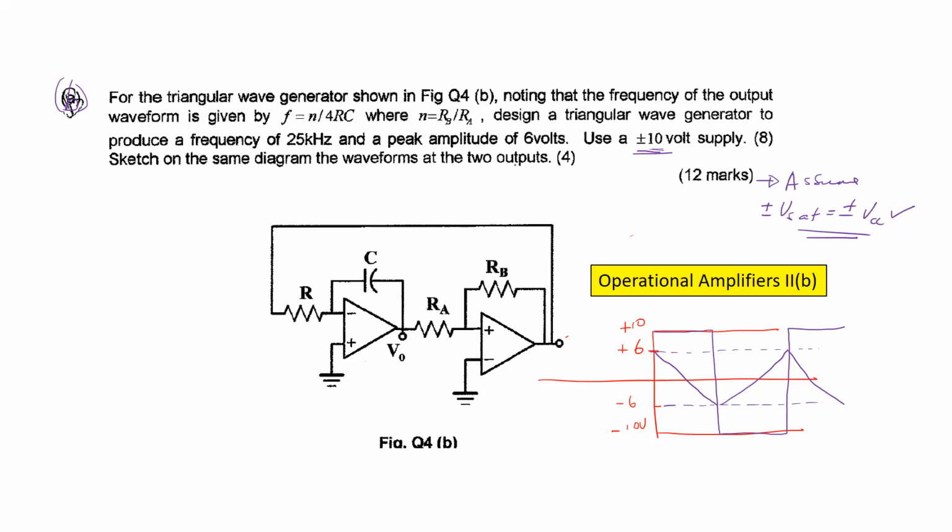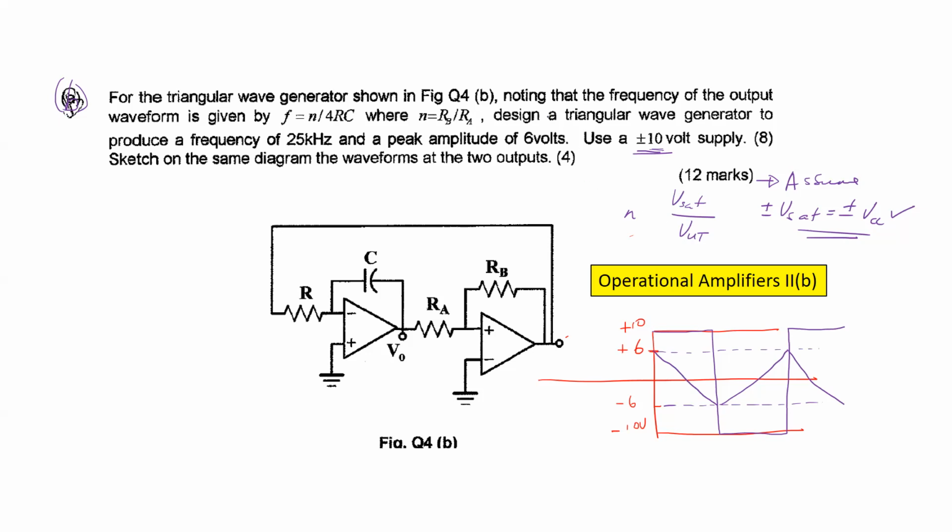And once you say that, then the next step is to calculate N, which is VSAT over the upper or lower threshold, right? So 10 divided by 6, or if you have picked another value, 8 or 9 divided by 6.